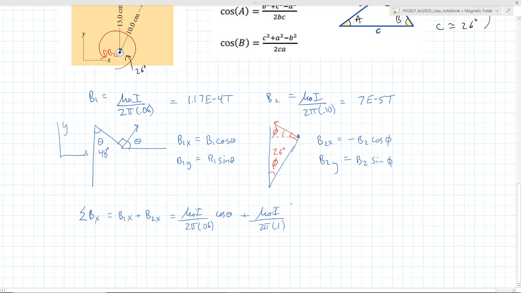Or the numerical value. You could work with the numerical values. Oh, and this would of course be negative because it's pointed in the negative x direction. In any case, we have all these ingredients. We could put this together and you'd find that this is 8 times 10 to the minus 5.